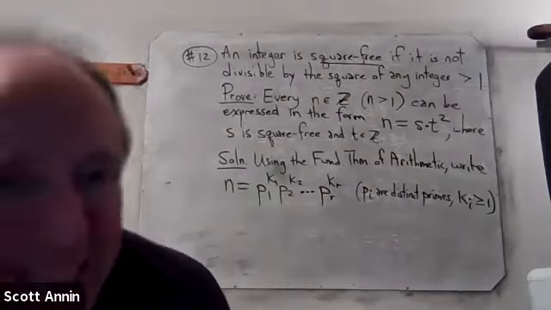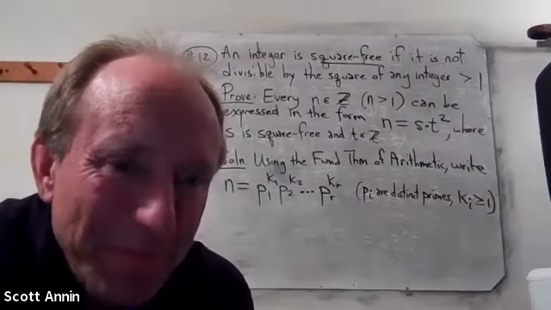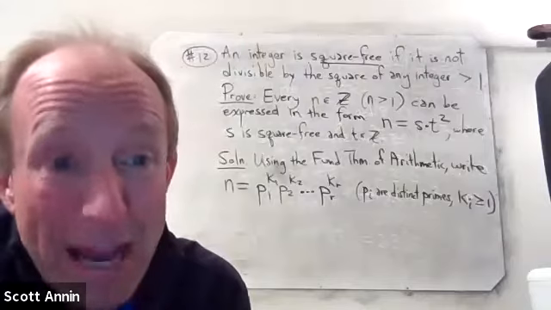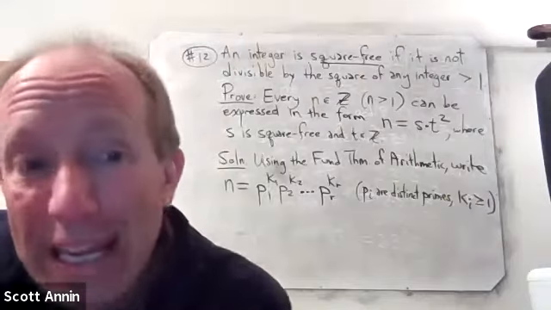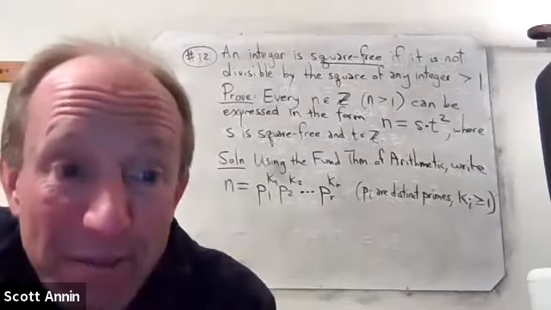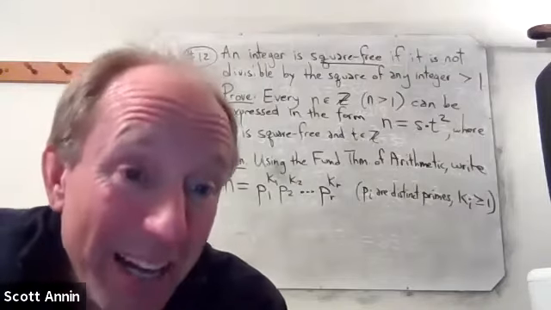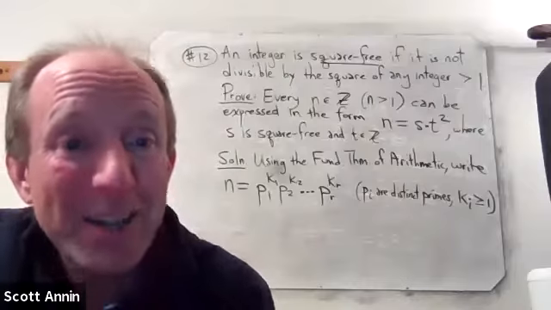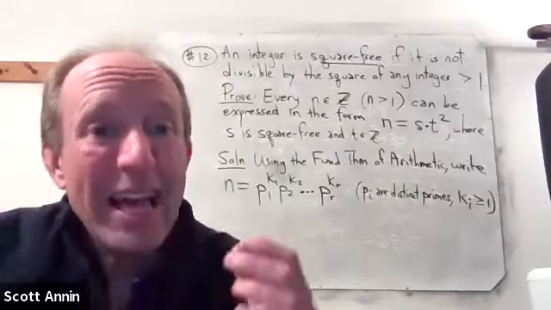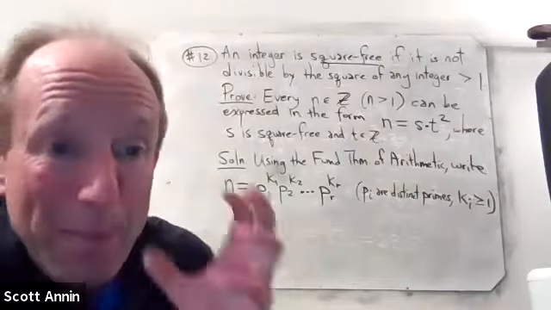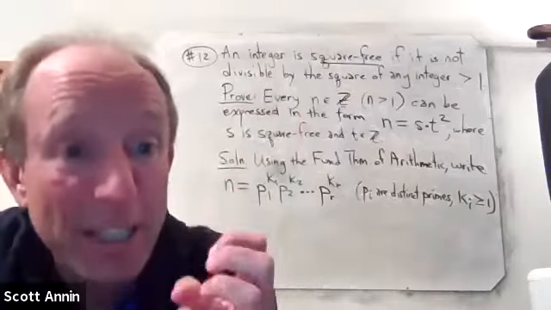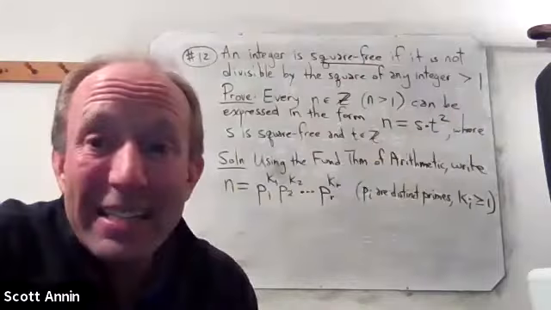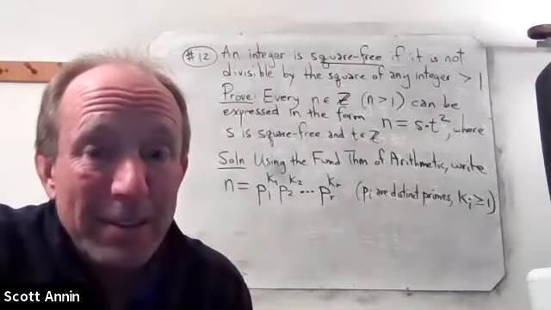Now, what really seems to matter in this factorization is whether the k sub i's are even or odd. If the k sub i's are even, then that basically means that factor is already a square. We can put it into that square piece.